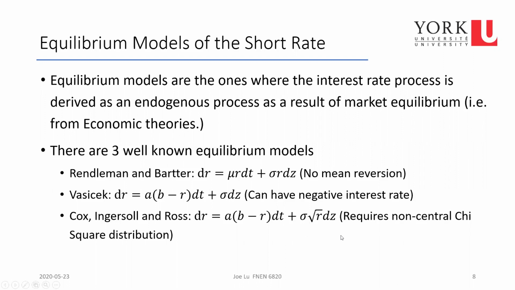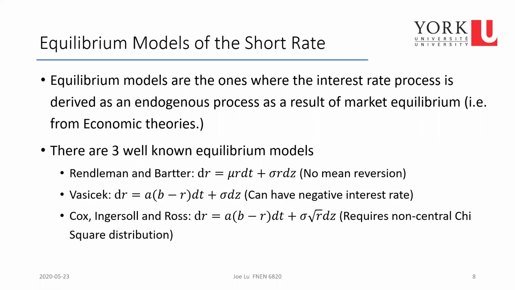And so we have this Cox-Ingersoll-Ross model, CIR, which incorporates mean reversion here. And also because of this square root process, interest rate would never be negative under this process. So the instantaneous interest rate would never become negative under the CIR model.